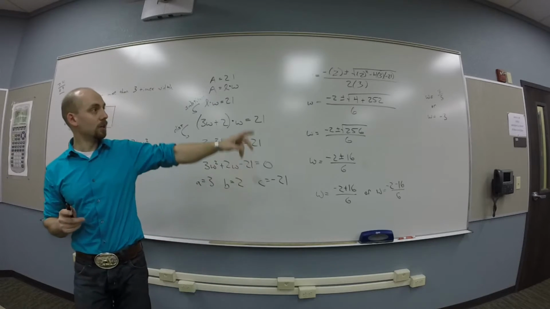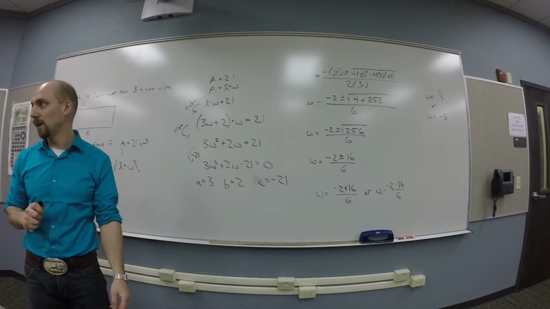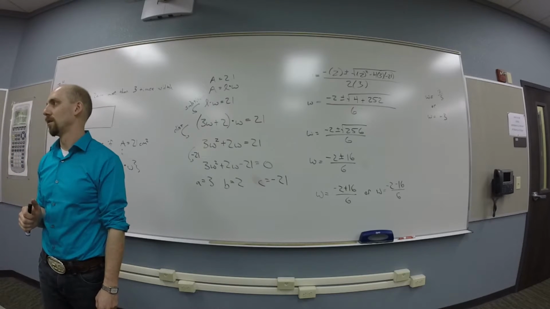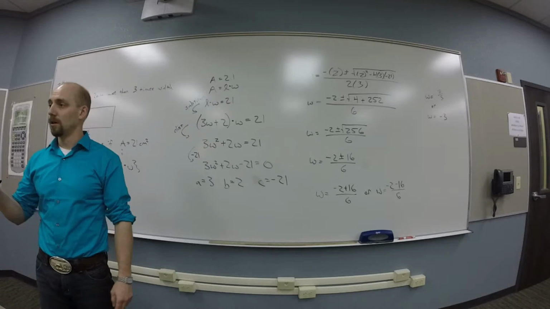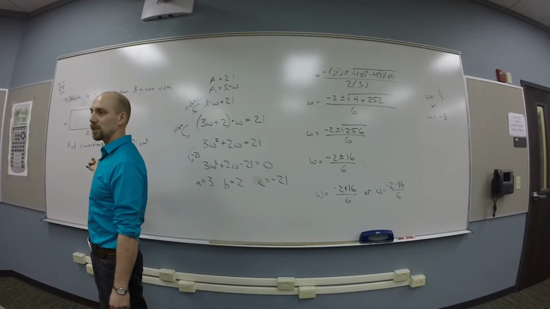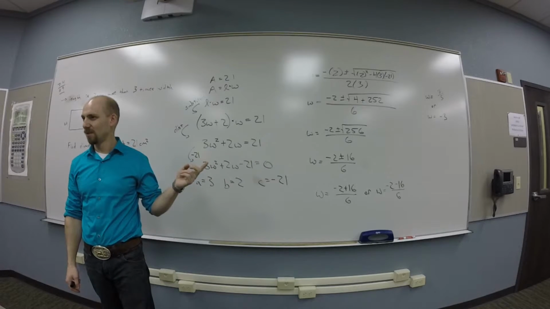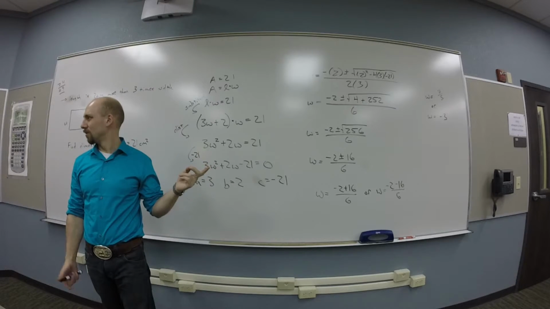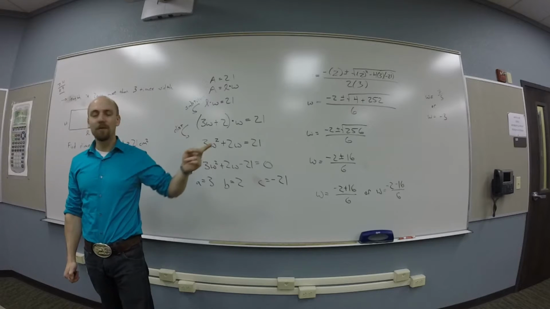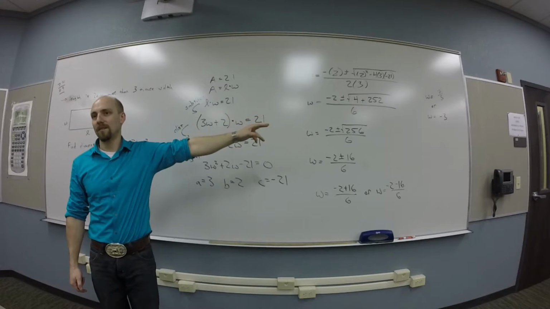Is the rectangle 7/3 by negative 3? The width and the length should be something, right? That's the dimensions I'm looking for. What did W stand for? Just the width, right? So I found 2 possible widths.